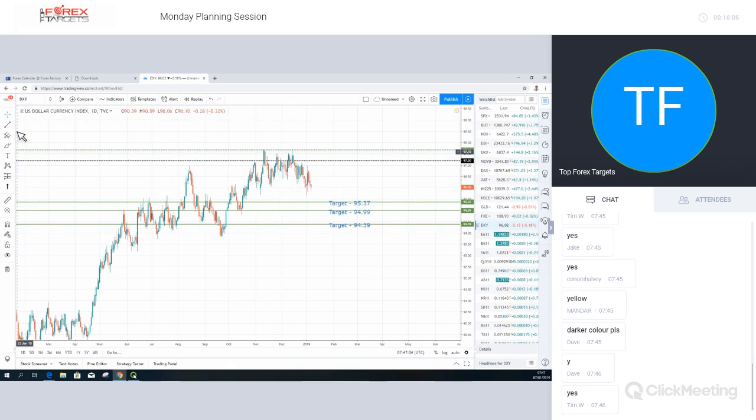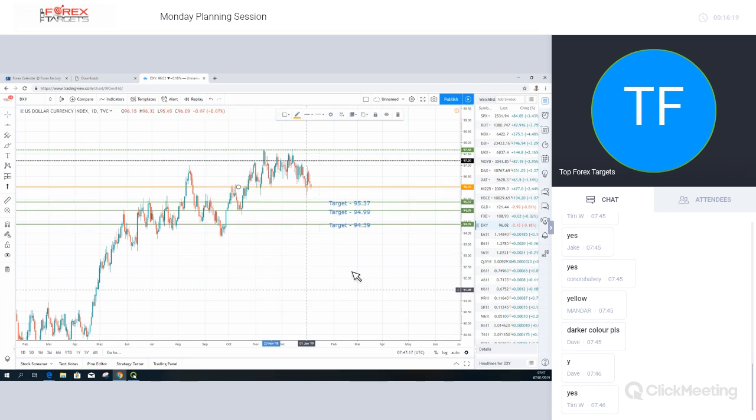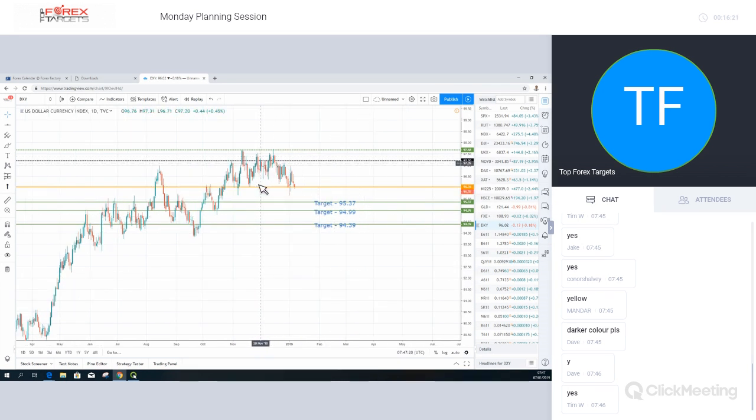And the reason this is technically significant is because this is, of course, the low which denotes this double top pattern, which is a reversal pattern in the dollar index.